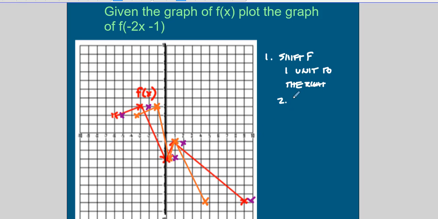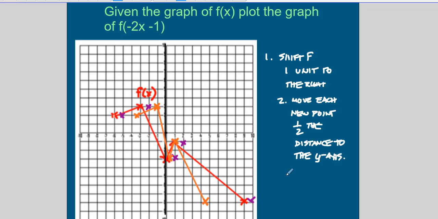Then we moved each new point 1/2 the distance to the y-axis.